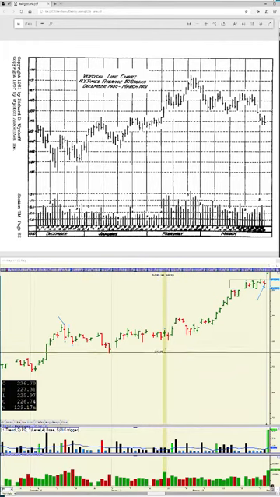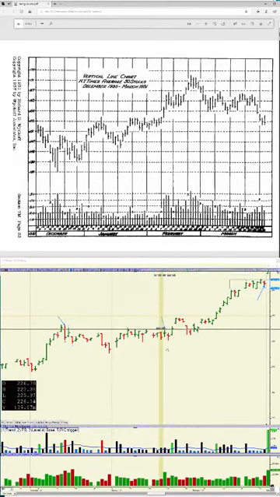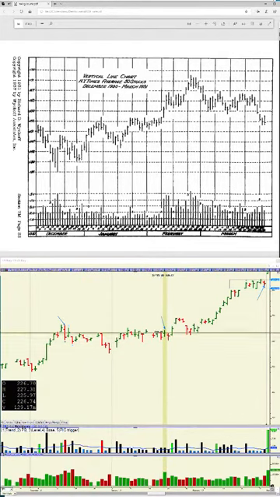Right there, they're ready to launch. Ready to launch. Bang. And right there.